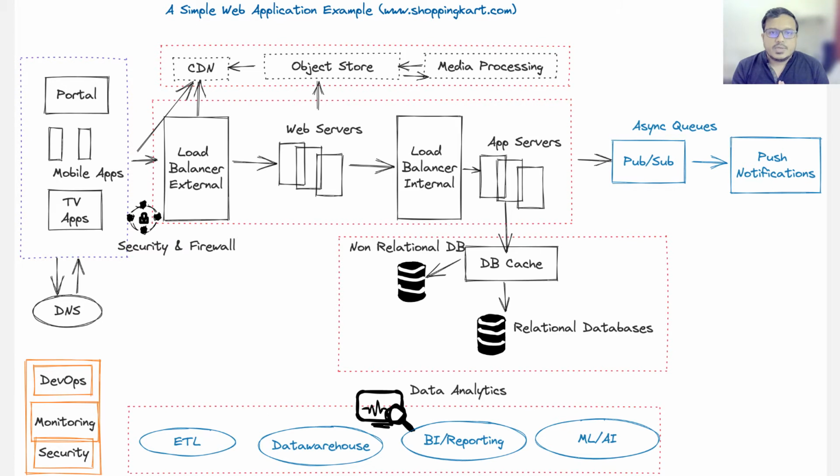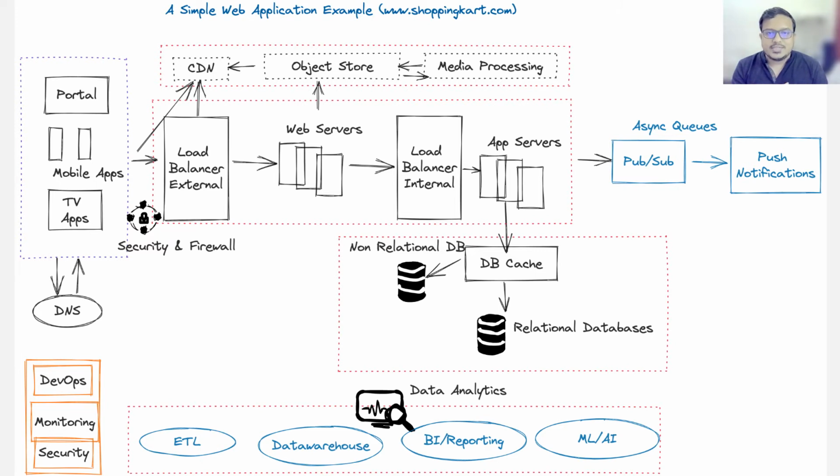Now, let's come back to the database bit that I was talking about. Now, if you look at this application, our shopping cart, say we have applications that have heavy transaction processing. So we will need to ensure that our transactions are atomic, consistent, isolated, and durable.